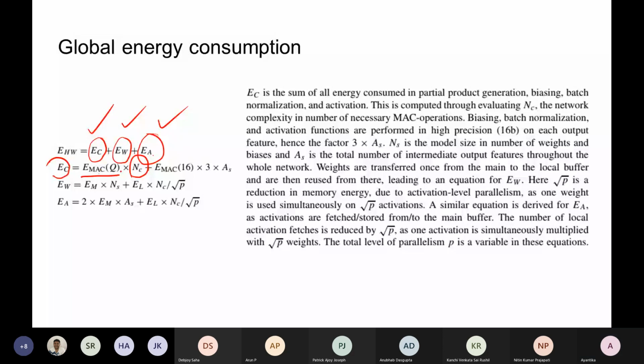Okay, then everything I am telling you is, AS is the total number of intermediate output features throughout the whole network. In these particular operations, we are considering the biasing, batch normalization, and activation energy consumptions, and the number of times we access them.